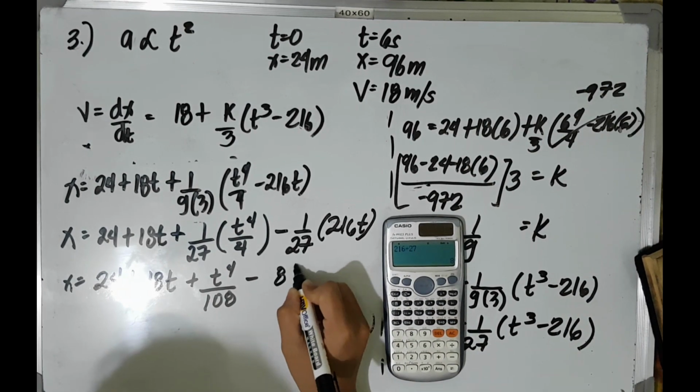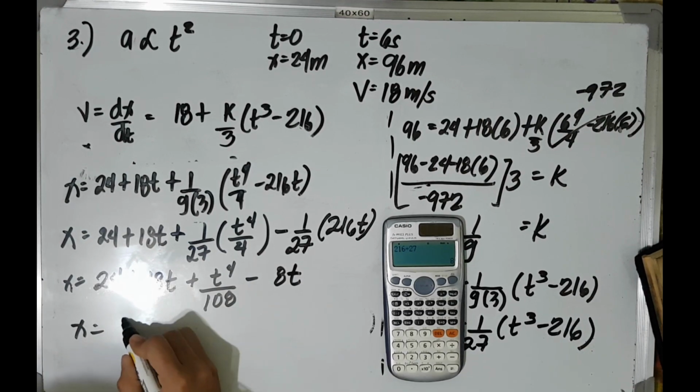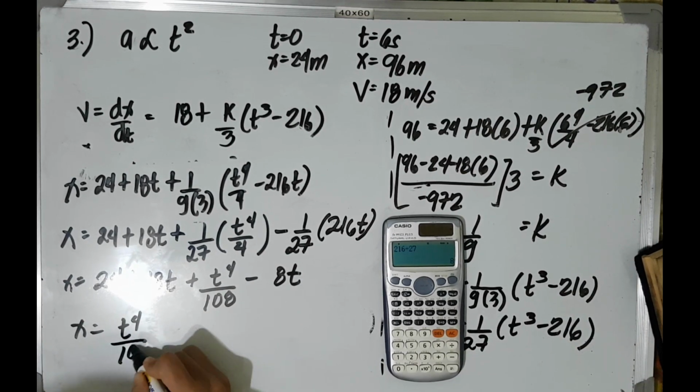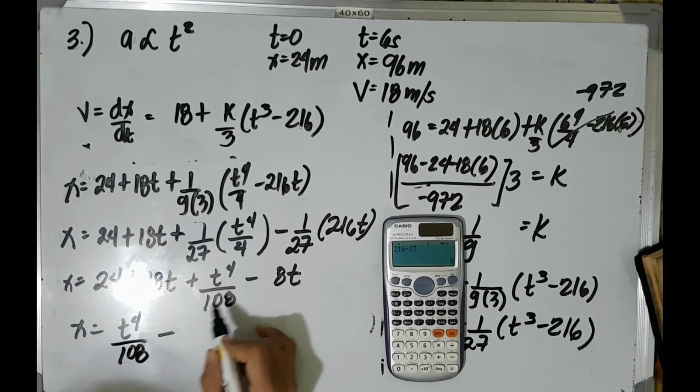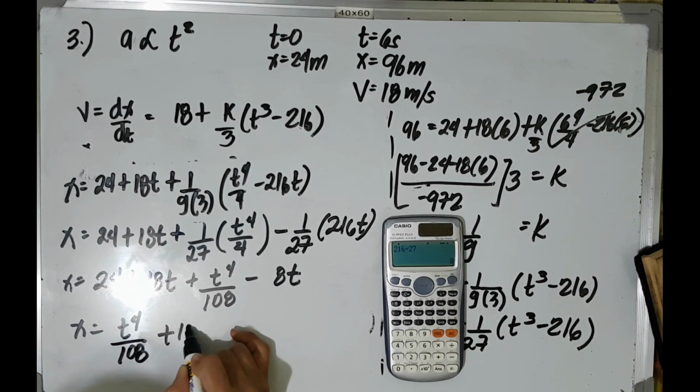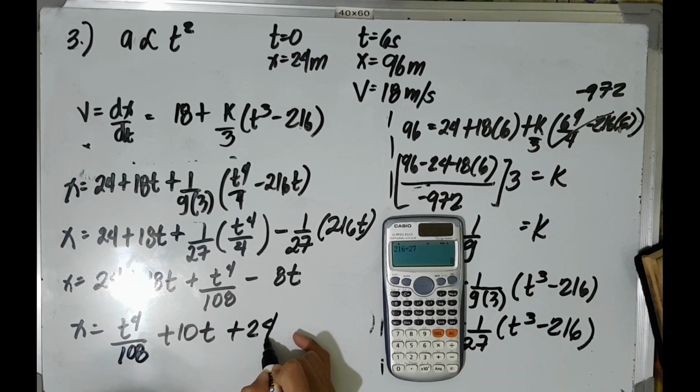Then x is equal to 24, or sige, t raised to 4 divided by 108 minus, or this is plus 10t plus 24. Therefore, this is our x equation with respect to time.